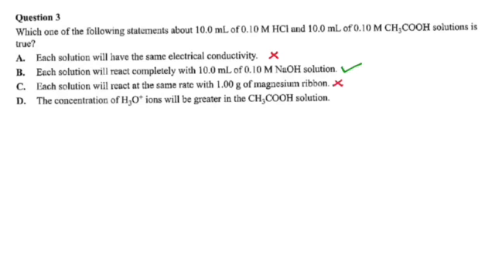Part C, each solution will react at the same rate with 1 gram of magnesium ribbon. Absolutely false, because the concentration of the products of the dissociation of both acids are quite different, and this is crucially important because remember the reaction that you have when a metal reacts with an acid.